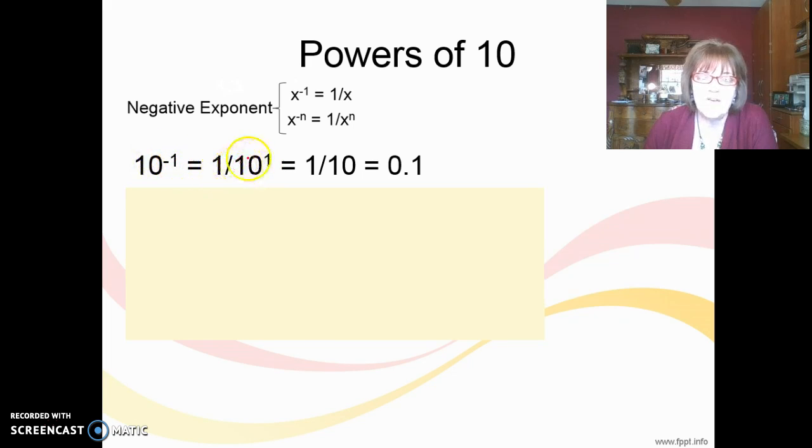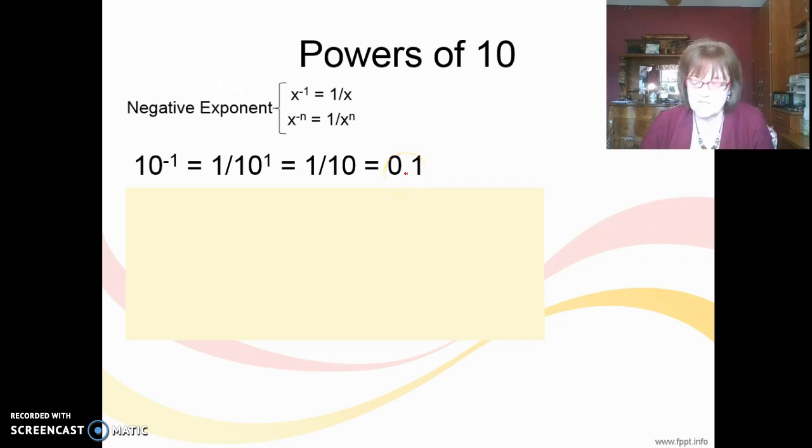If we flip that and put it in the bottom, 10 to the first in the denominator, it looks like 1 over 10, or we can pronounce this 1/10. This is the tenths place value. So 1/10 is 0.1. When you see it to the negative 1, the decimal point is in front of our 1. We've moved over to the left.